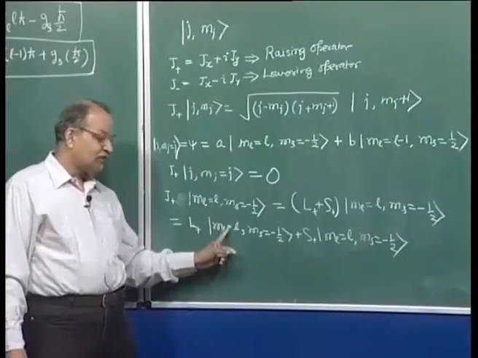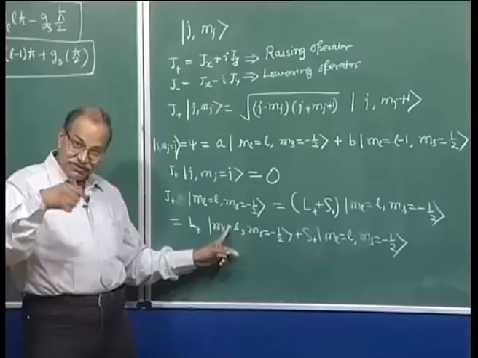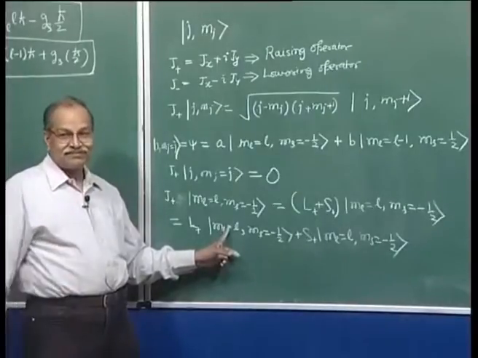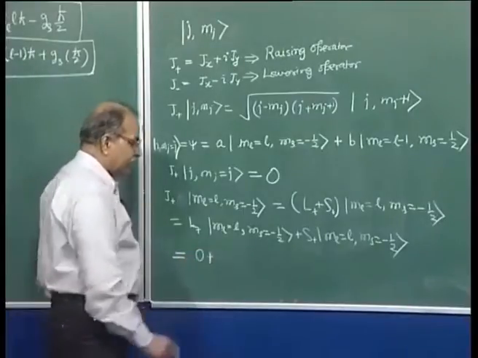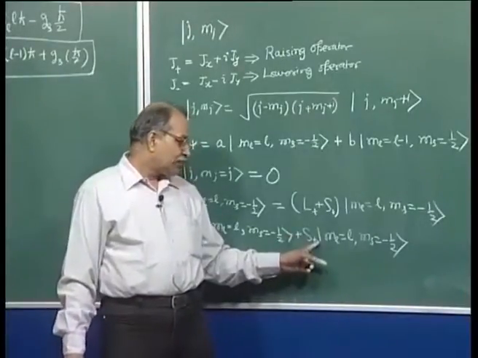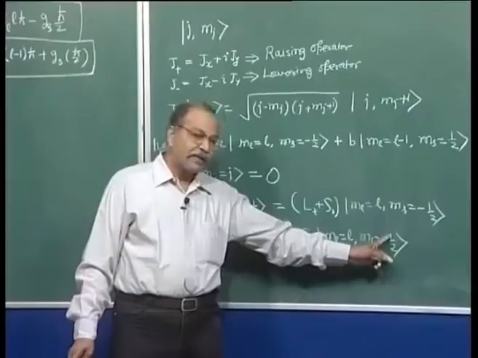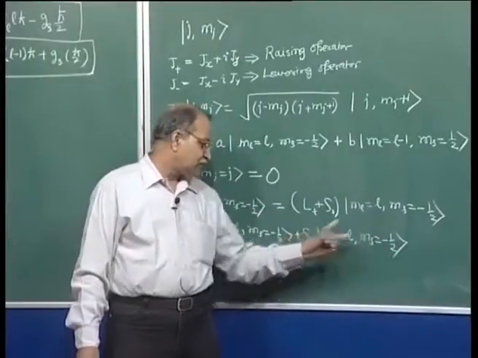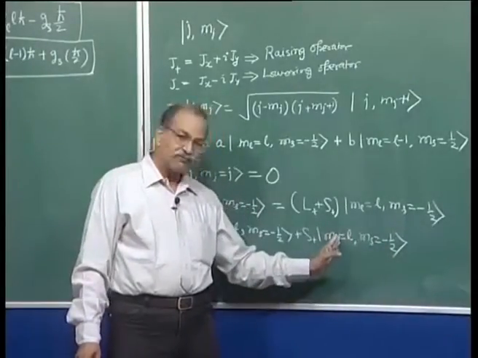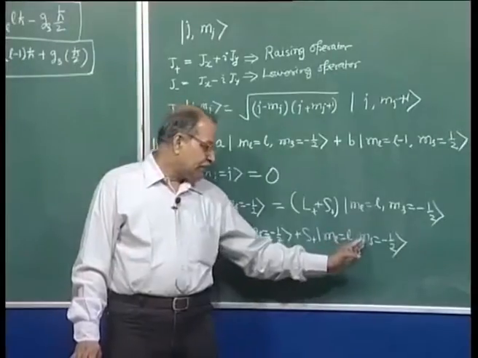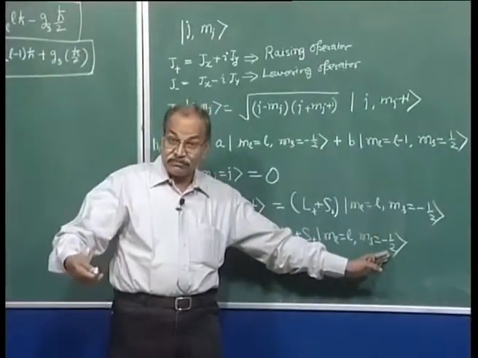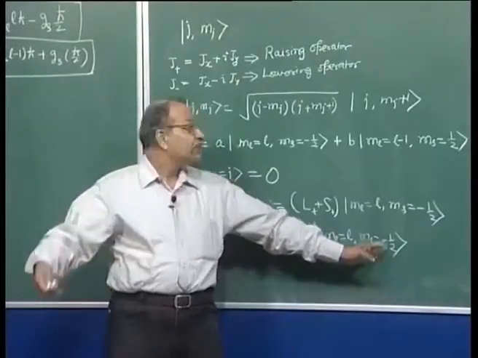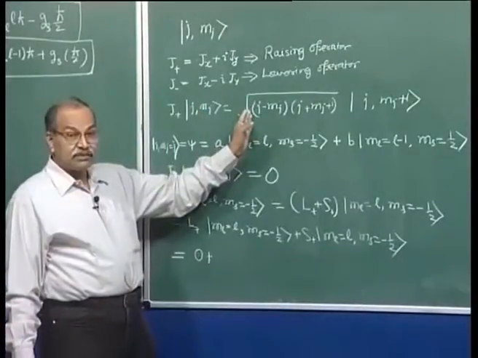L plus operating on this should give you 0, right. So this part is 0. S plus operating on MS equal to minus half, this spin operator will operate on this spin part. So this part will be unaffected, and MS is equal to minus half. Yes, it can raise, MS can go to plus half, and therefore you should use it now.